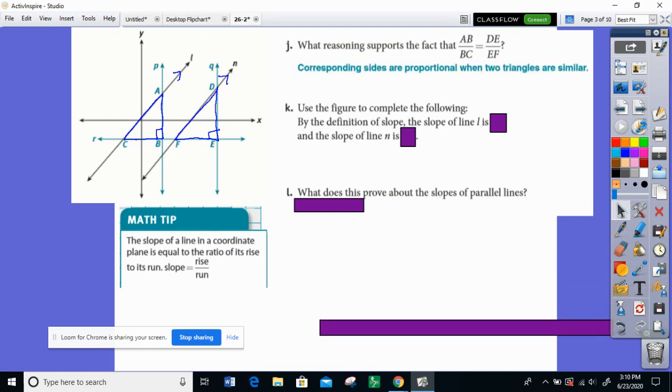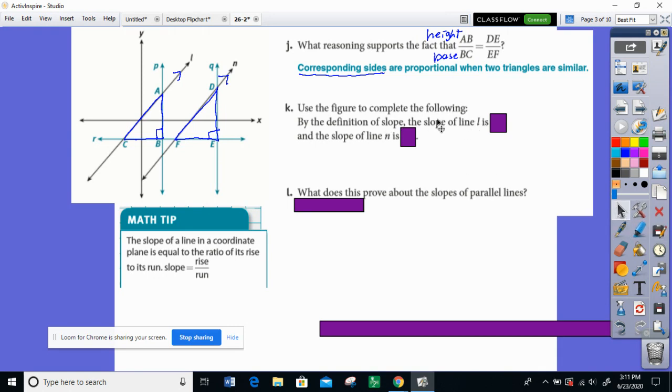When we have similar triangles, the corresponding sides are proportional. See segment AB over BC, that would be like the height, the length of the height divided by the length of the base in triangle ABC is the same as the length of the height divided by the length of the base in triangle DEF.